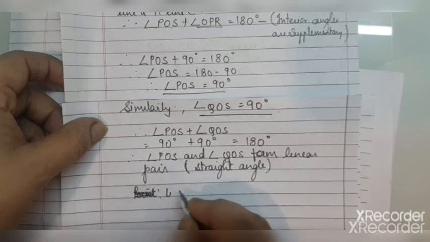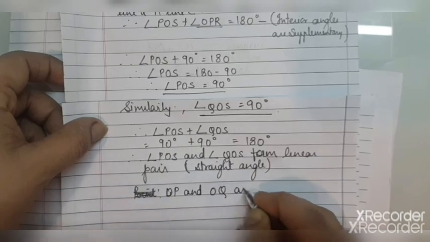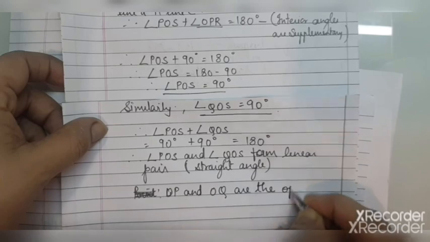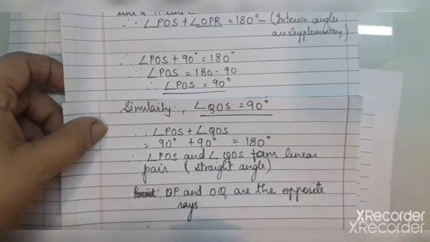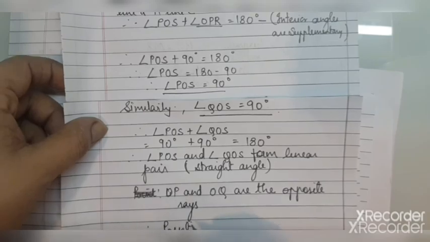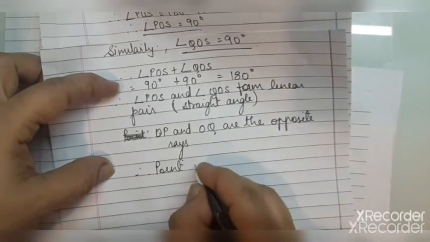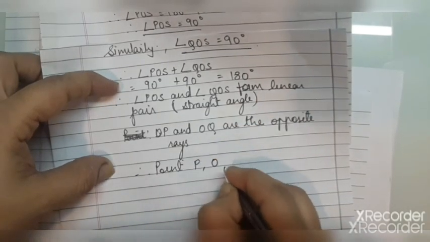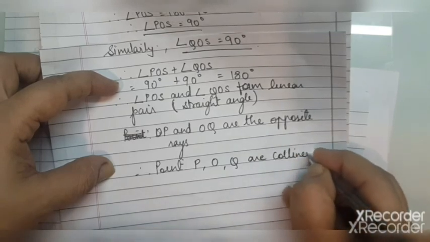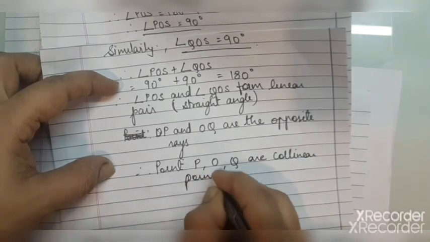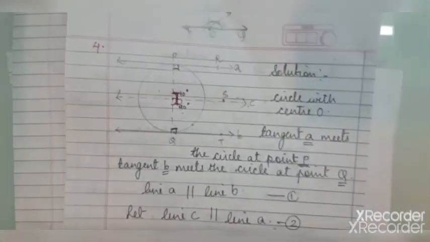Therefore we'll write, OP and OQ are the opposite rays. Therefore points P, O, Q are collinear points.